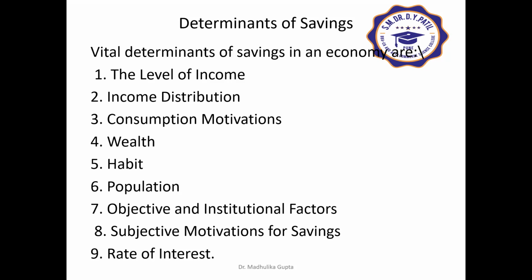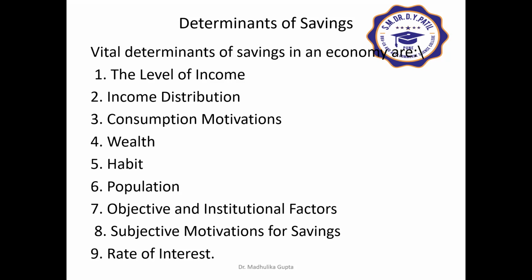Someone who might not have been thinking of saving might think of saving, because if there is a difference between disposable income and consumption, and he has some amount to save, he might think of saving if the interest rate is high. So the interest rate would induce him to save. That is the point. So the rate of interest is an important factor in the mobilization of saving. People would be induced to pass on their savings to those institutions which offer a high rate of interest.